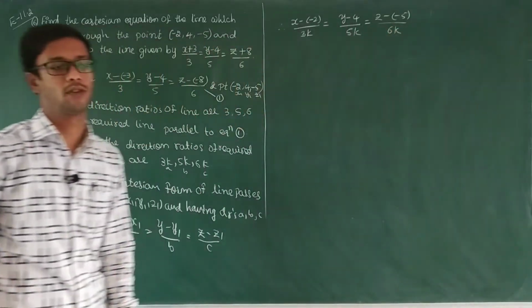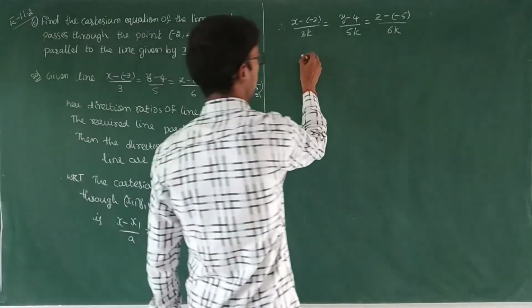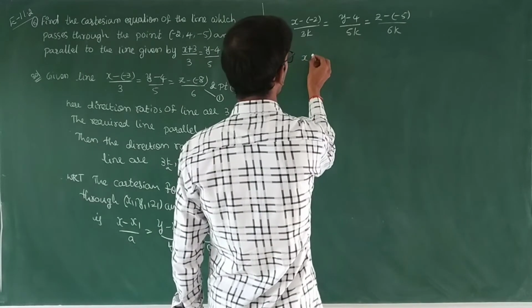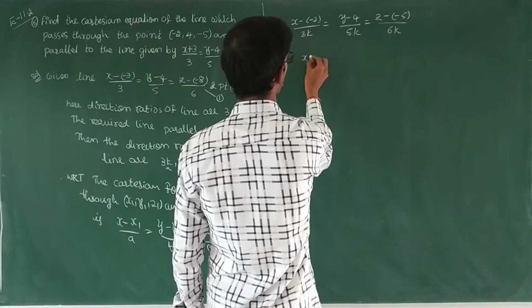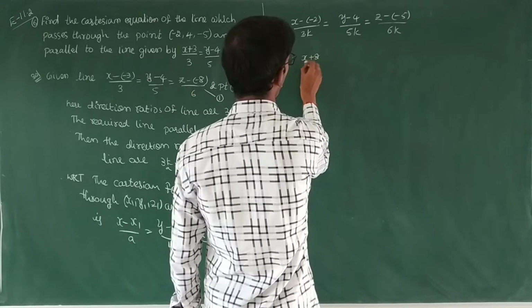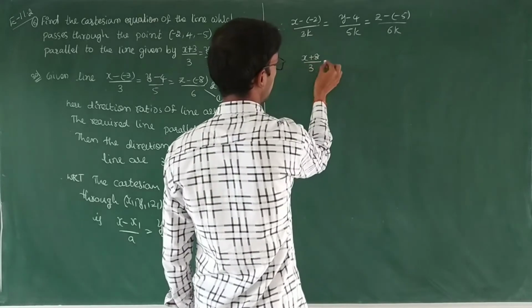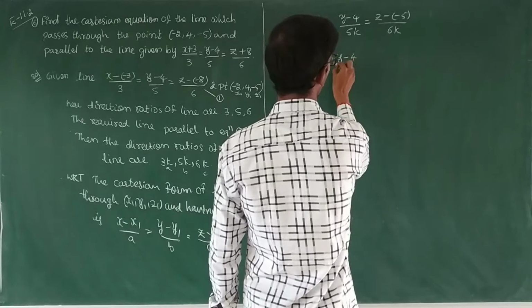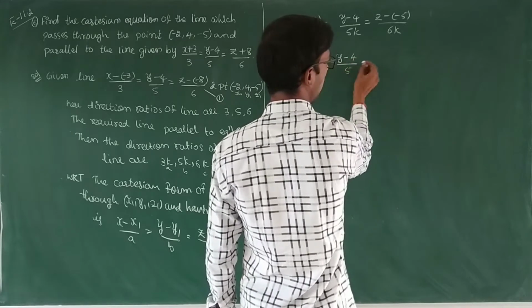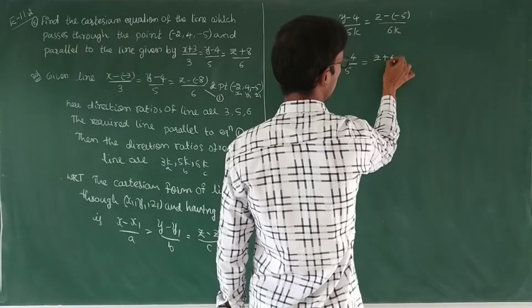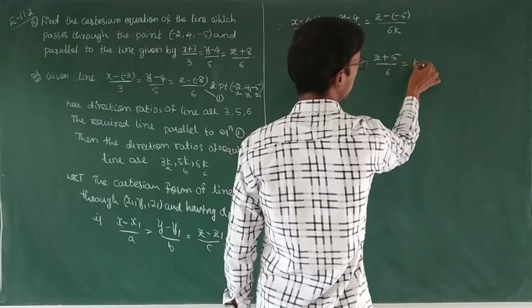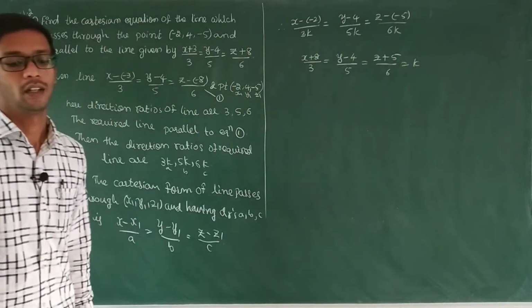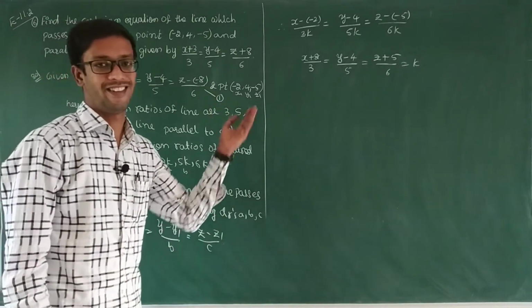So just substitution here. Now you can simplify: (x+2)/3 = (y-4)/5 = (z+5)/6 = k, and write it as k.